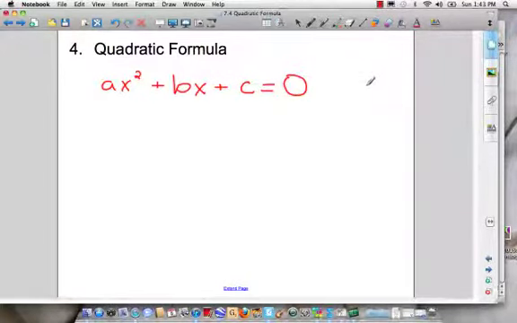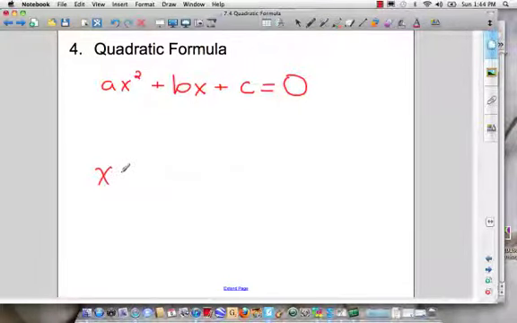And then what we're going to do is complete the square, like we did on the previous screen, using, instead of numeric coefficients, using a, b, and c. It's somewhat lengthy, and I think it's a good thing for us to go over in class. So next time in class, I will derive the quadratic formula and show you how to use it.